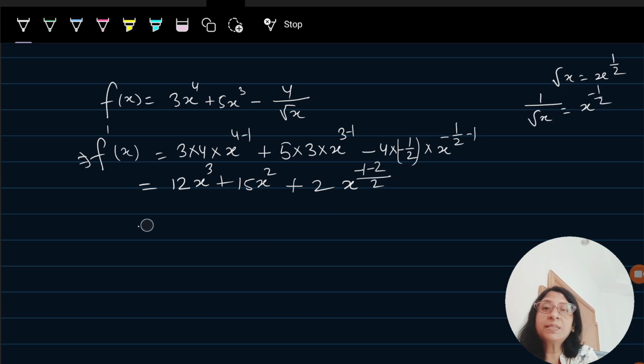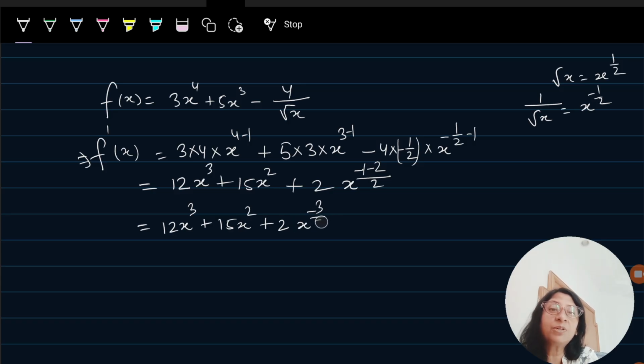So this is equal to 12x cube plus 15x square plus 2 and x raised to the power negative 3 over 2. And this can also be written as 12x cube plus 15x square plus 2, and x will go to our denominator, and in the denominator this is the cube root of x, right? Because half is root and this is cube root, it is negative, so this can be written as that.